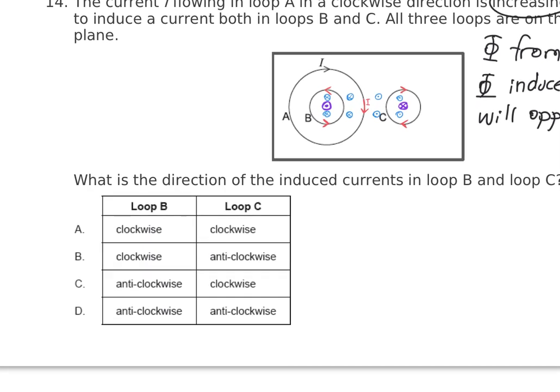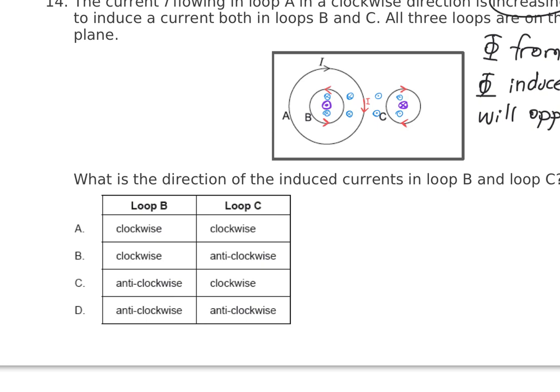Okay, so the answer therefore would be that loop B has a current going anti-clockwise or counterclockwise, and loop C would have a current that is going clockwise. So the answer is C.